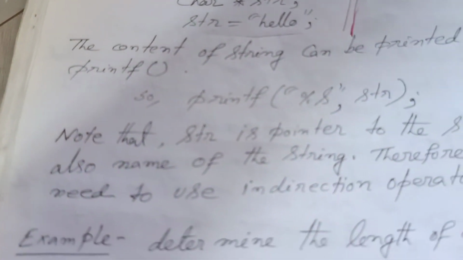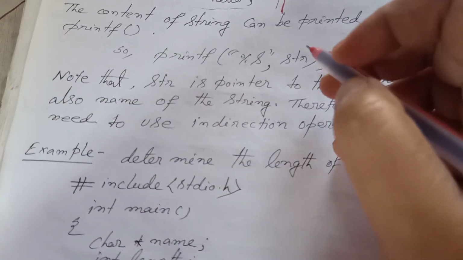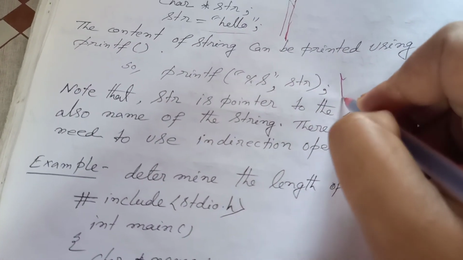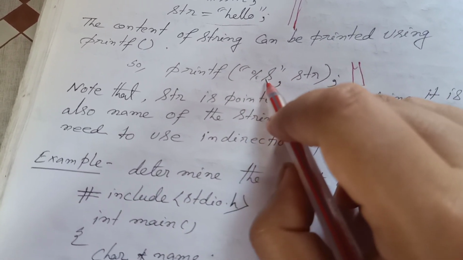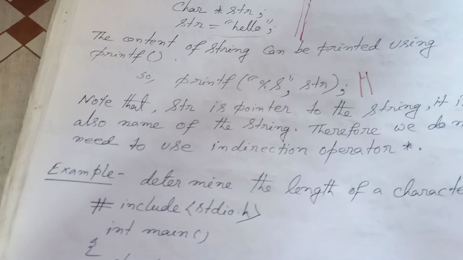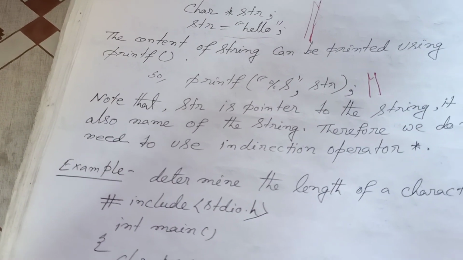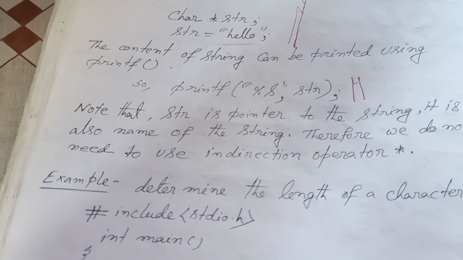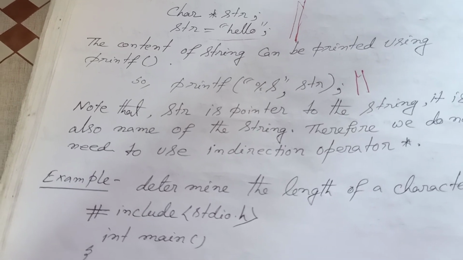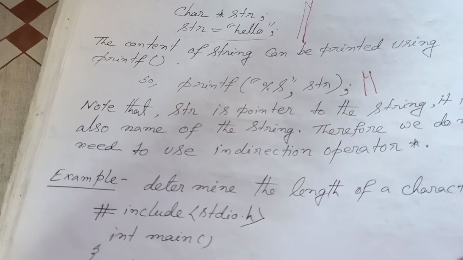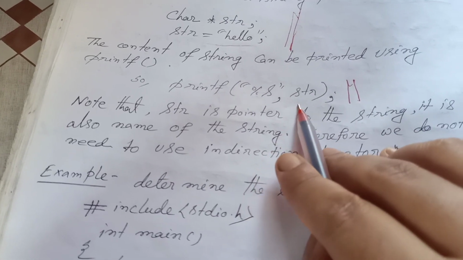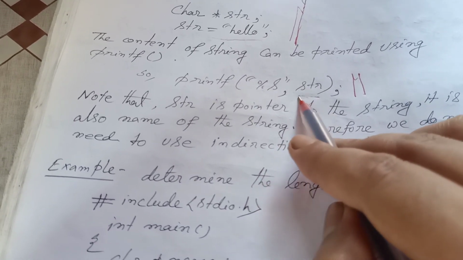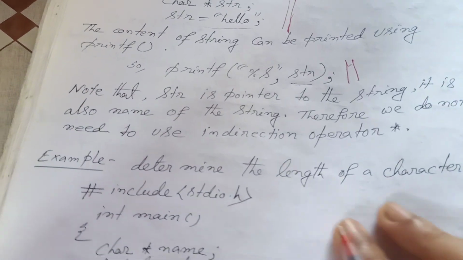Now the content of the string can be printed using printf. So how is it used? printf within quotation marks, %s. %s is the format specifier to display a string value. So %s, after the comma str, we can display the string value.